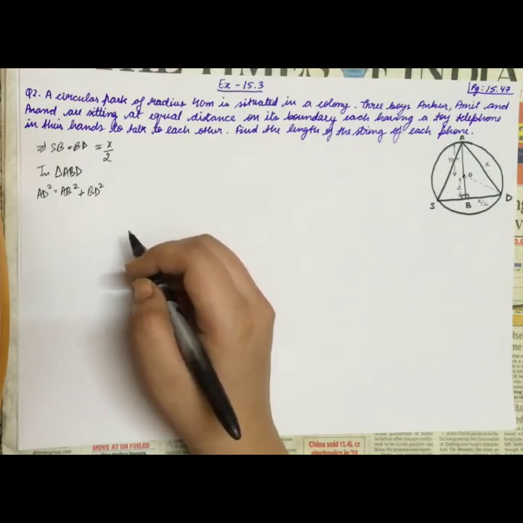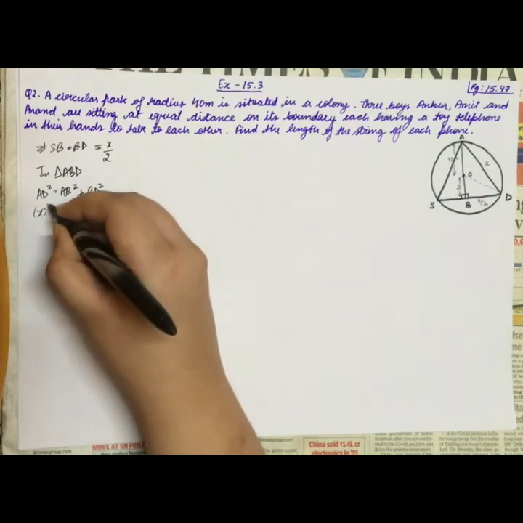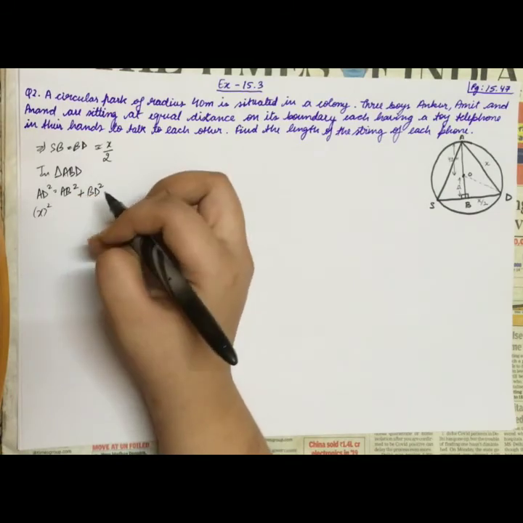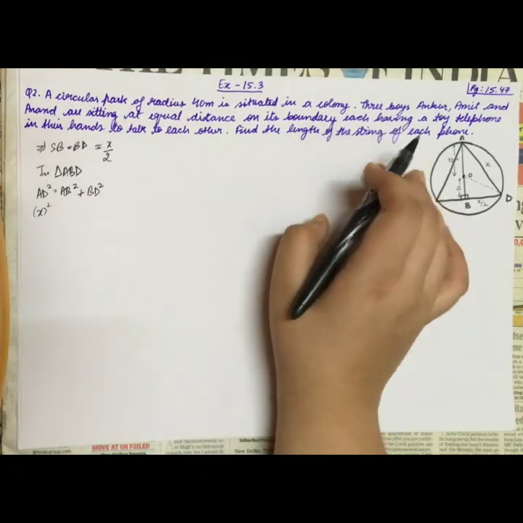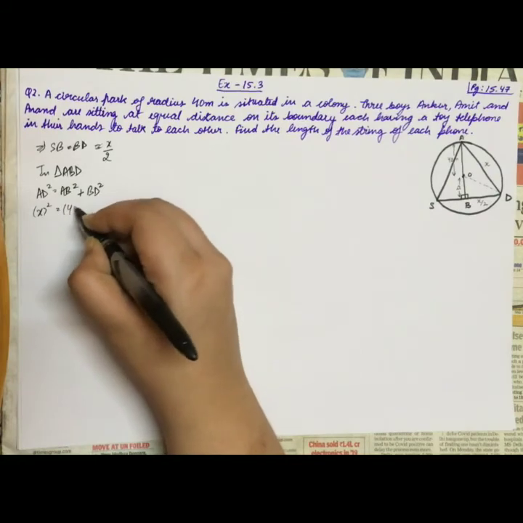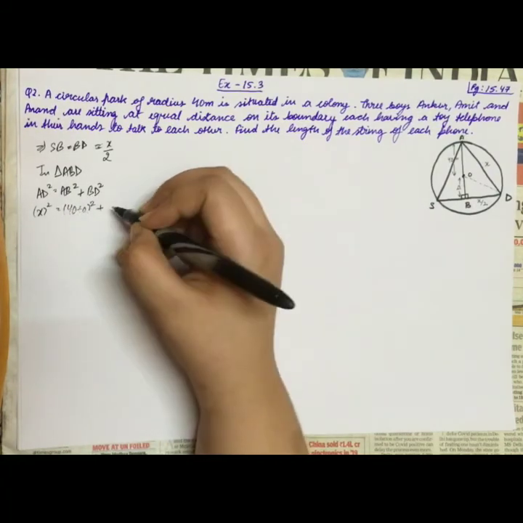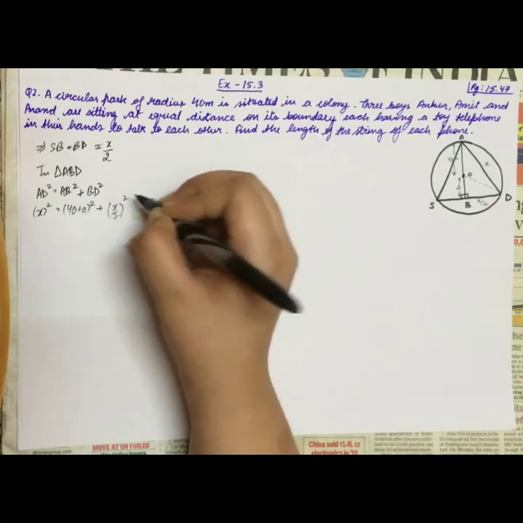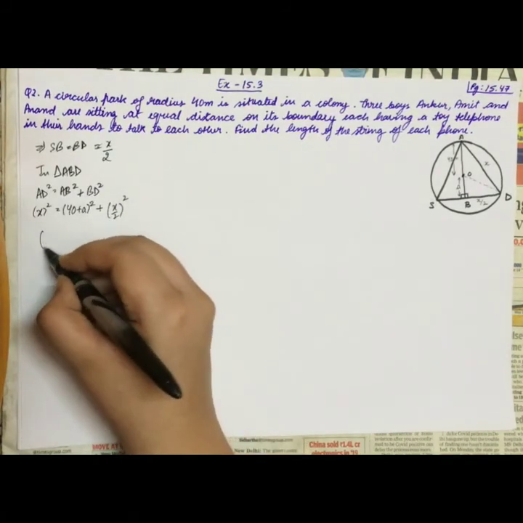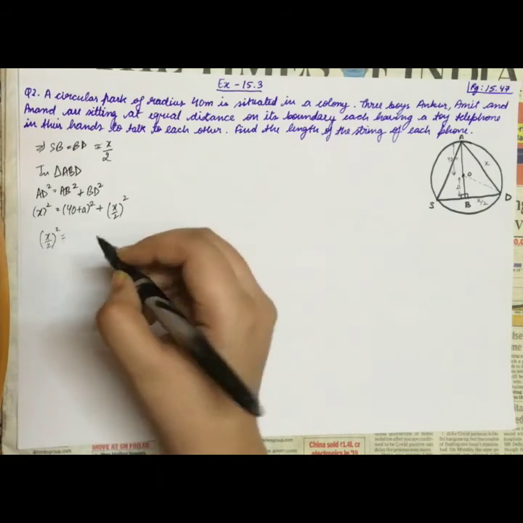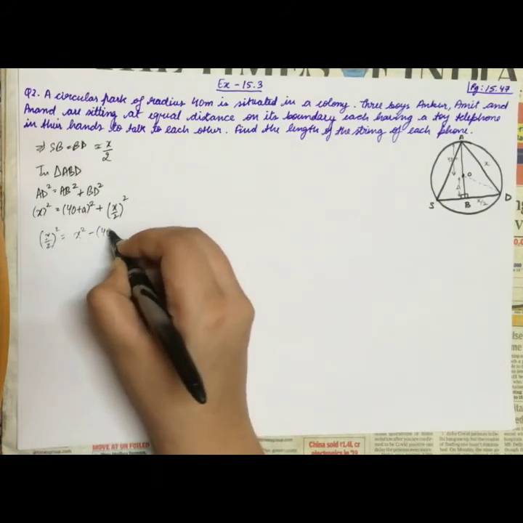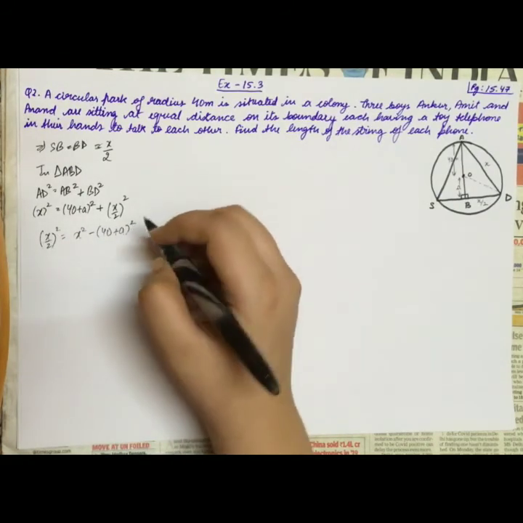Here AD is x square, AB is AO plus OB, which means they are 40 plus A square, and BD is x by 2. So now we can write this as x by 2 whole square is equal to x square minus 40 plus A square. We'll mark this as 1.